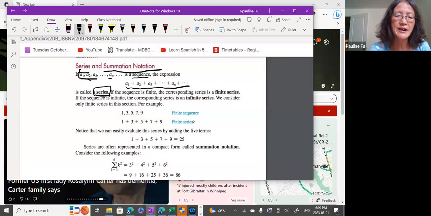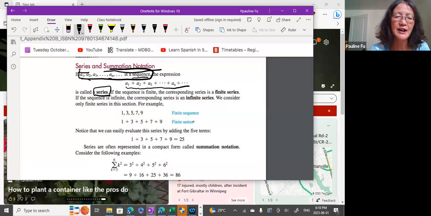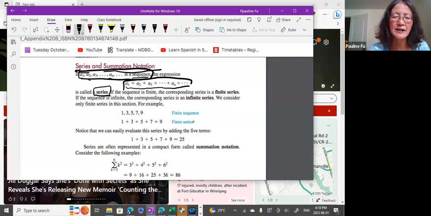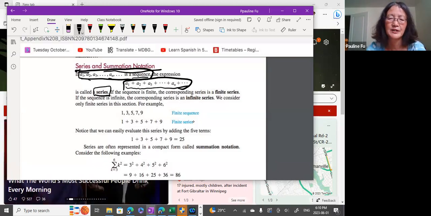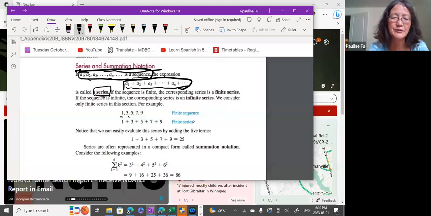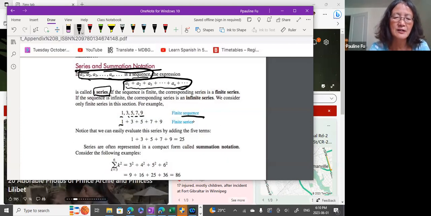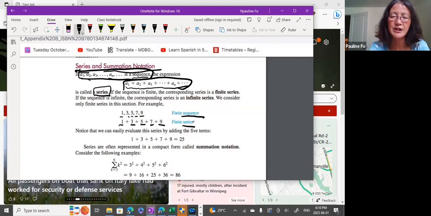A1, A2, up to An is a sequence. When you add all the items in a sequence together, it forms a series. For example, 1, 3, 5, 7, 9 is a sequence. If you add all the terms in the sequence, you get a series.